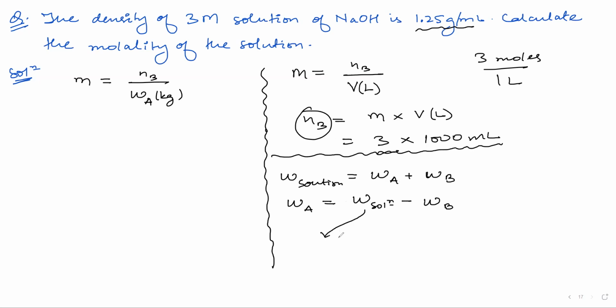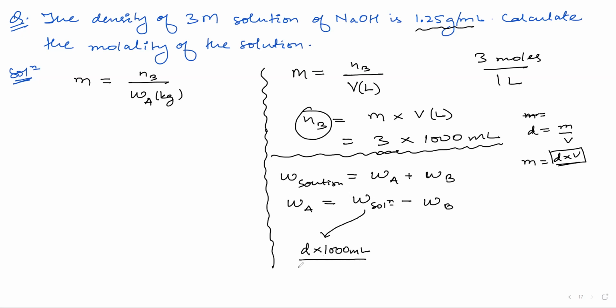Mass of solution can be written as what? See, density is equal to mass by volume. So mass is equal to density into volume. Correct, guys? The density of solution is given, so you'll write mass of solution as D into volume of solution, 1000 ml.